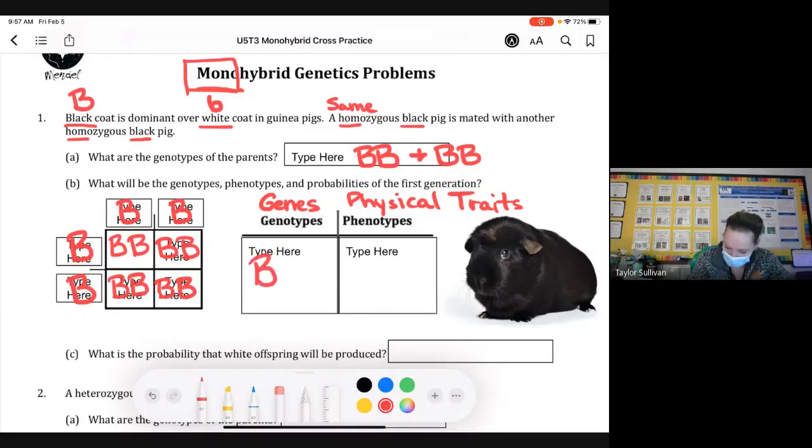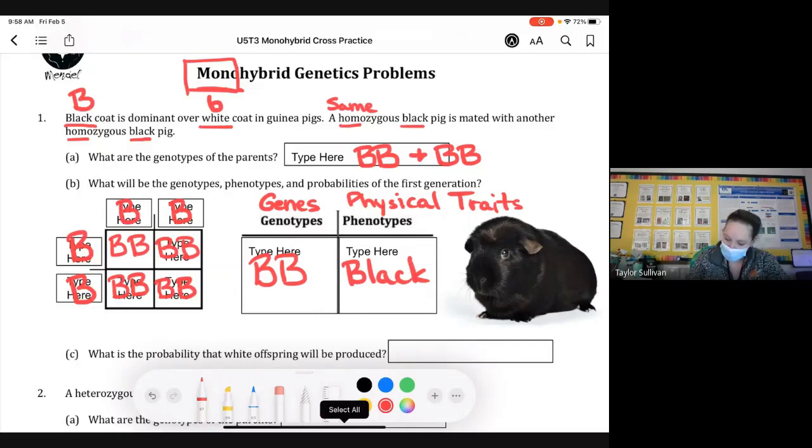They got big B, big B. So then what would they look like if they have two copies of that big B allele? What color would they be? They'd be black. So we're going to have the physical trait of black and the genotype of big B, big B.